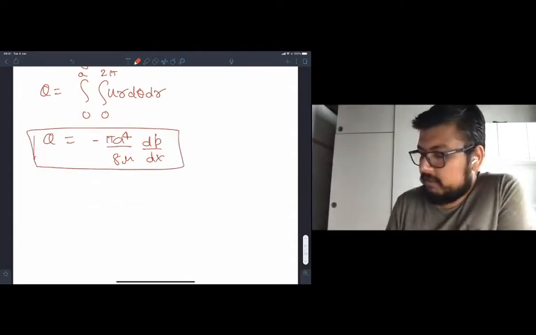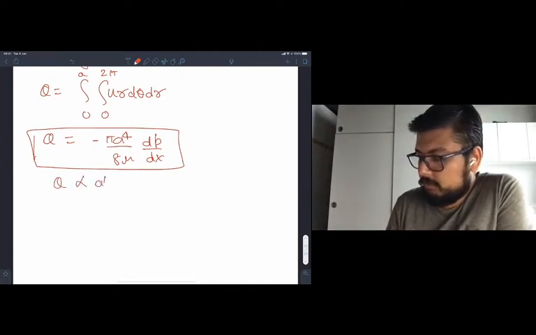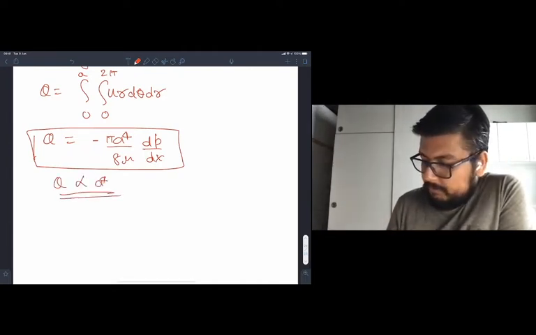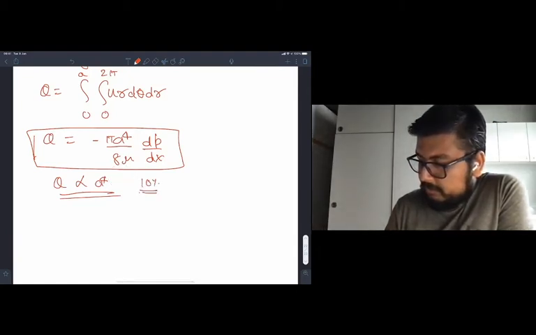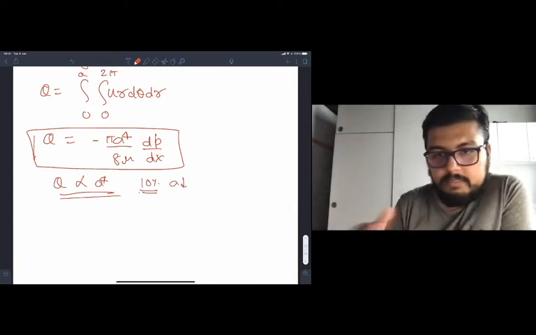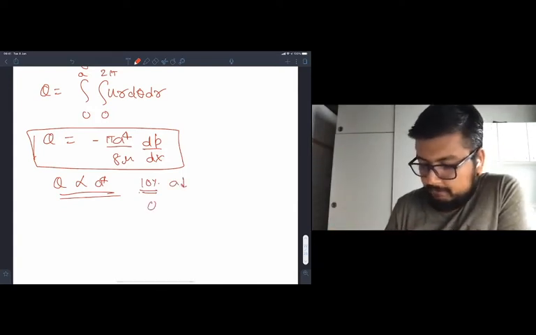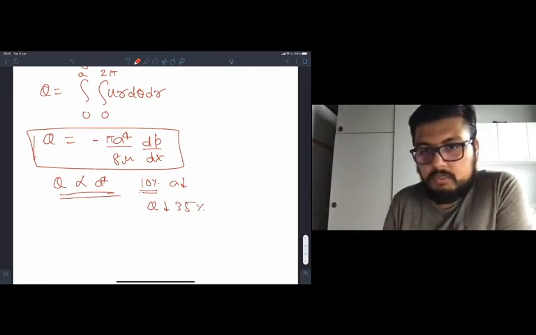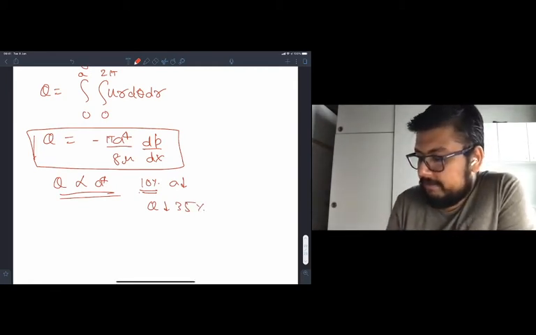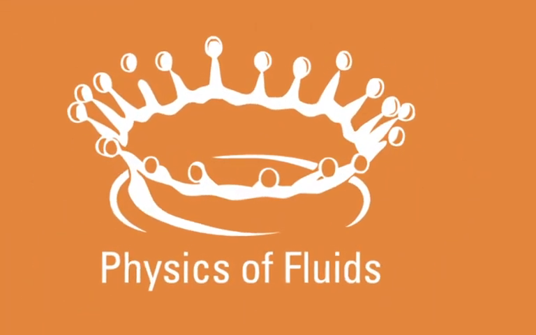So you can see that this Q is proportional to a to the power 4, which is quite a strong dependence. So if I reduce the radius by 10%, then the flow rate reduces by 35%. So it's quite a strong drop in the flow rate.